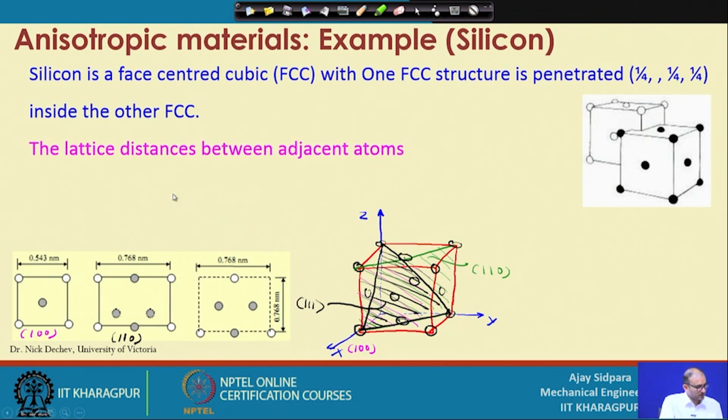Let me write this also first. So, this is the 111 plane. Now, how do we understand how properties are different in different directions? That depends on how many atoms are located on a particular plane and what is the distance between those atoms.